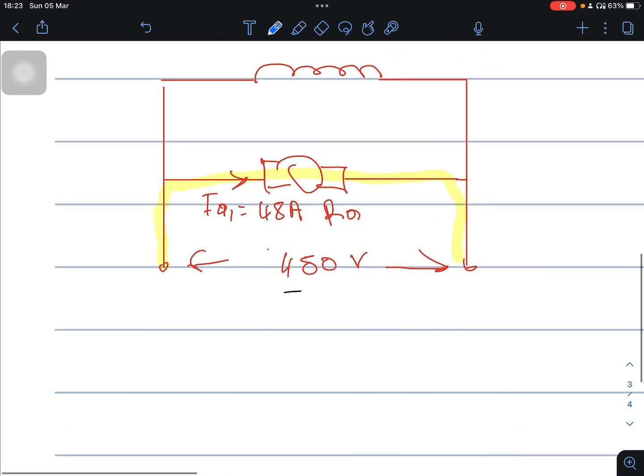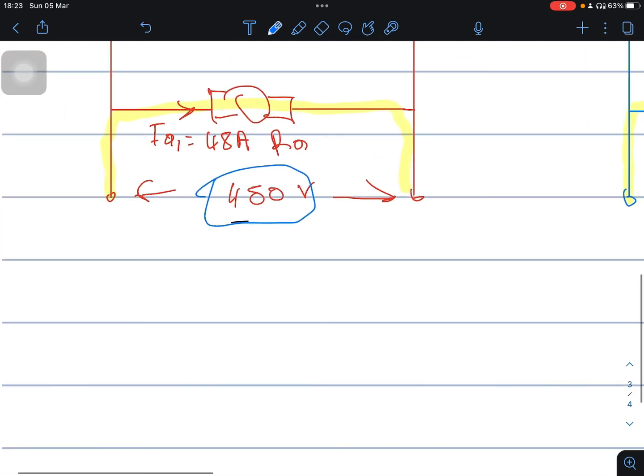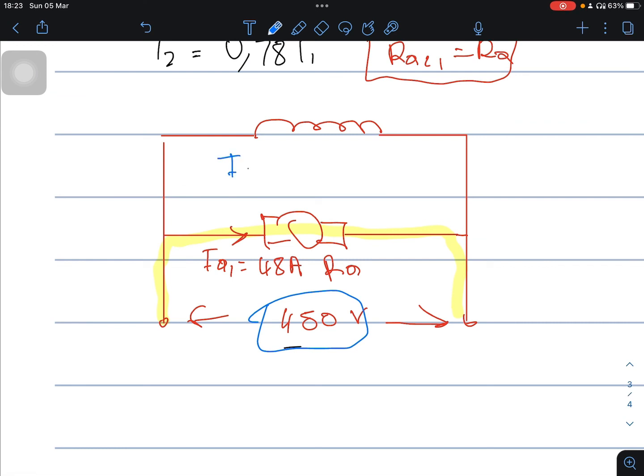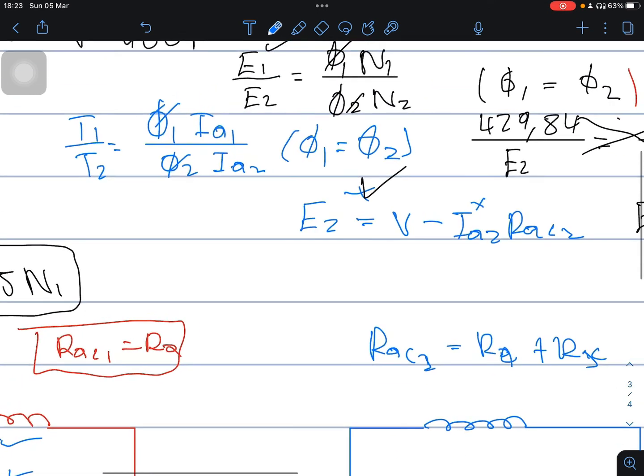It would have changed if they had changed the supply voltage, because remember, the shunt field current I shunt is equal to V over R shunt, of which the shunt resistance is still the same. The voltage that is applied is still the same. Hence, the shunt field current is not changing. Hence we can say that the field strength in the shunt stays the same.